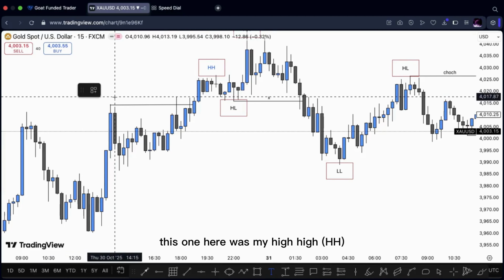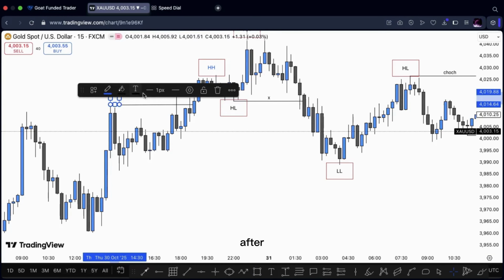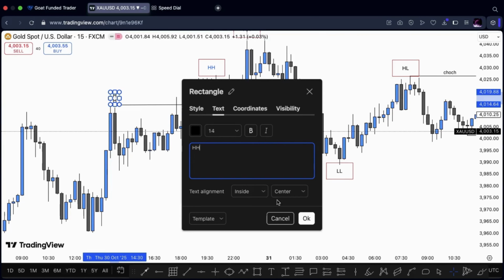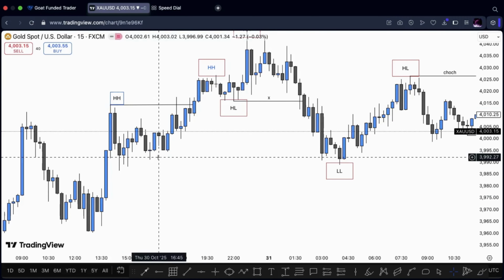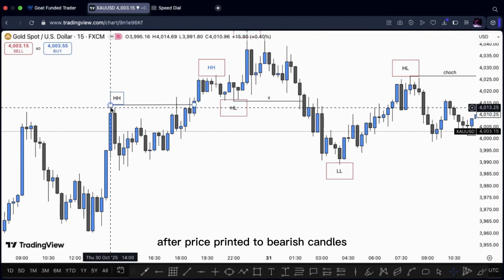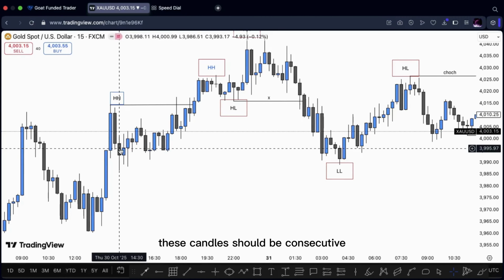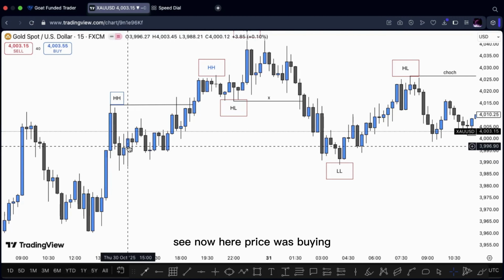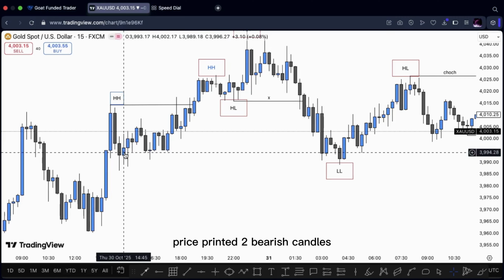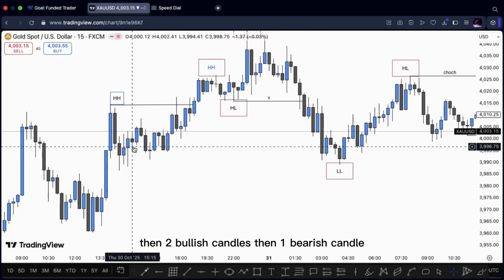This one here was my high after price printed 2 bearish candles. These candles should be consecutive. See, now here price was buying, price printed 2 bearish candles, then 2 bullish candles, then 1 bearish candle.